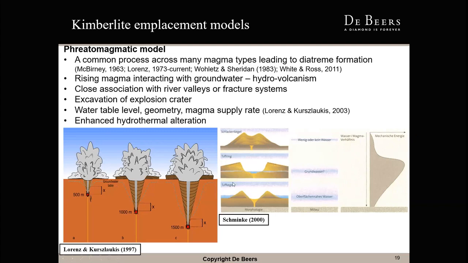If water supply is abundant and exceeds the rate of supply of magma, then all you do is generate a bigger and bigger crater in the ground, remaining more or less at the same elevation. So you generate something that looks a bit like a champagne glass or a soup bowl, rather than a steep-sided vent system. And with all the water around, the alteration of the volcanic ejecta is going to be quite substantial over short periods of time.